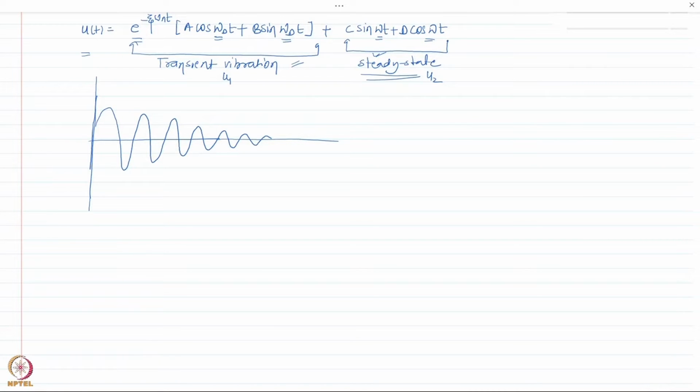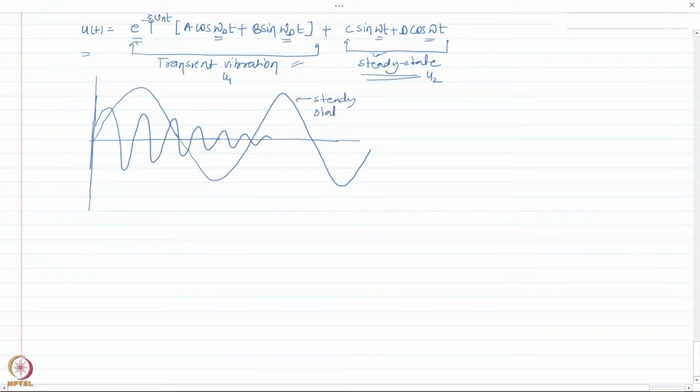It remains constant. Let us say it starts at this point and has a certain amplitude, something like that. So this is steady state, and this is transient, u1 here and u2 here.